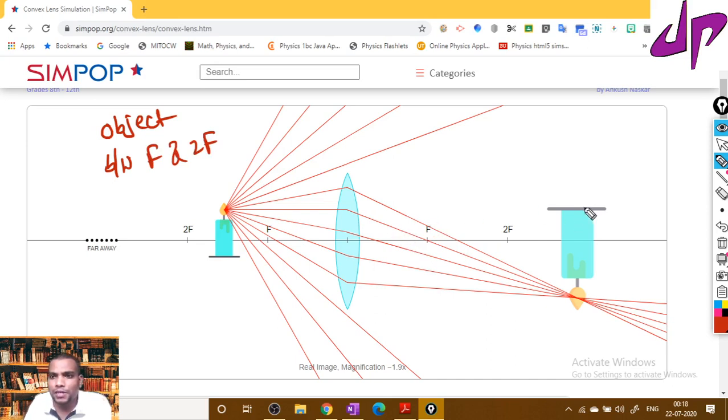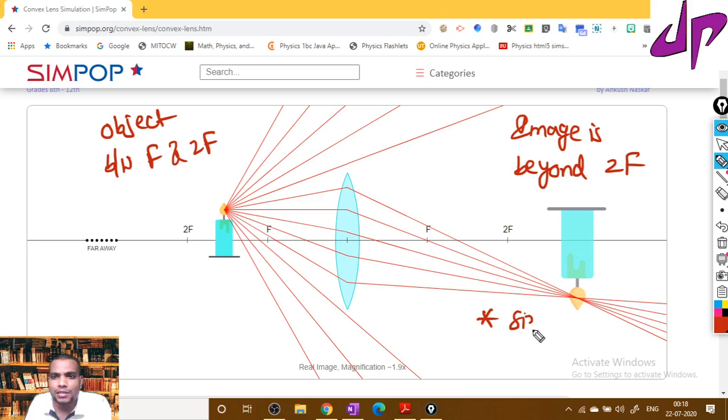Now where is the image? The image is beyond 2f.